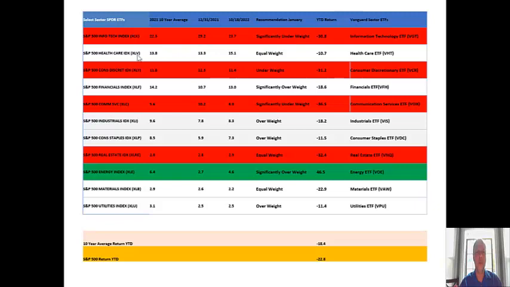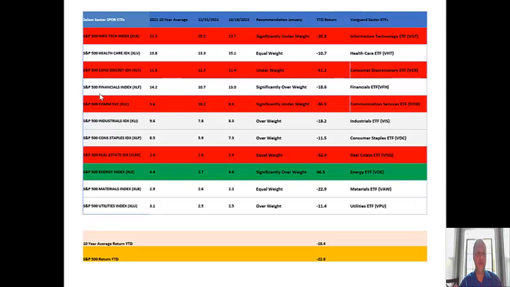Healthcare at 13.8 versus 13.3 is close to equal weight. Consumer discretionary at 11.8 versus 12.5 is slightly underweight. Financials at 14.2 versus 10.7 is significantly overweight.